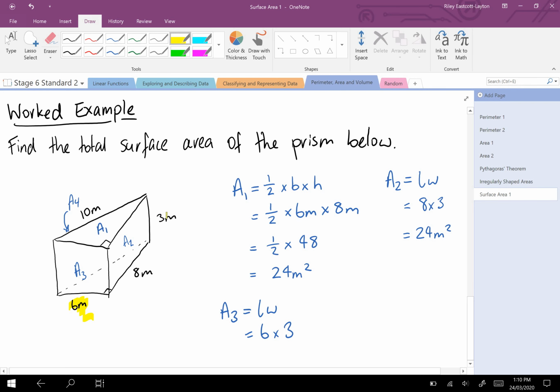So 6 times 3 for this shape right here. 6 3s are 18 meters squared. And for A4, our final shape is again going to be a rectangle, so length times width, which is 10 by 3, 30 meters squared. So 10 by 3 for our A4.